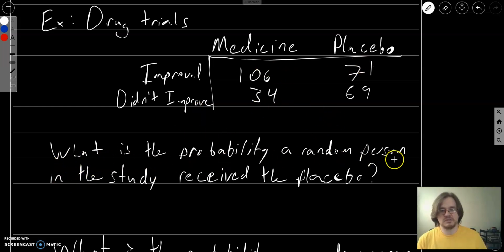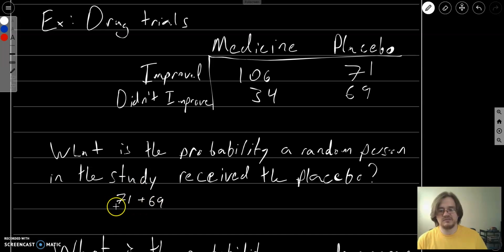So we can ask, what is the probability a random person selected from the trial received the placebo? So what we need to do is count how many people received the placebo, and we'll divide it by the total number of people in the study. Well, there were 71 people that received the placebo and improved, and there were another 69 people that received the placebo and didn't improve.